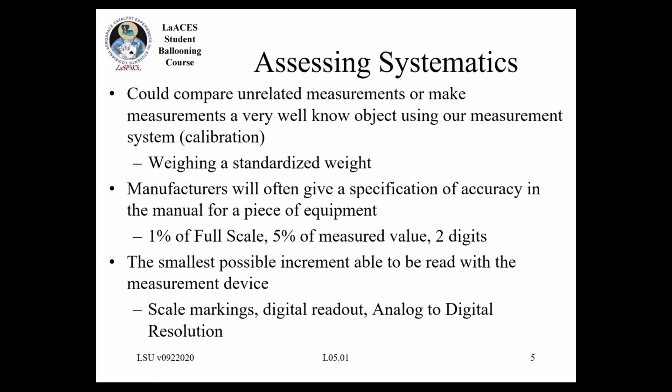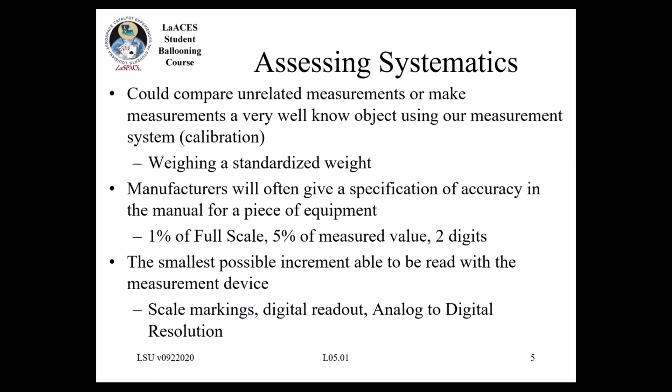So the other important type of error, like I said, is systematic error. There's not a formula for telling how big your systematic error is. You sort of have to think about how you're making this measurement, what you're using to measure, and make an assessment of how accurate that is.